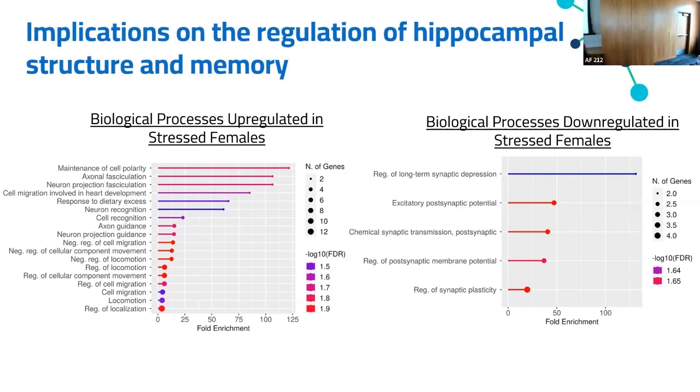Given what we know of the hippocampus, assuming these findings, I would think they would have decreased learning and memory, but that's not something we tested. We just did the gene expression. That's an interesting question.